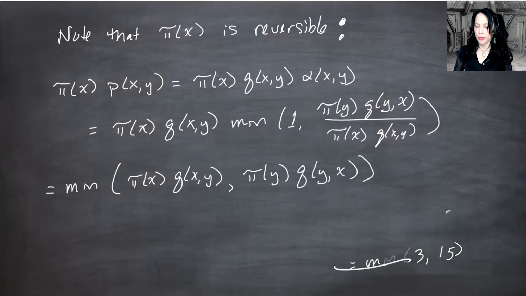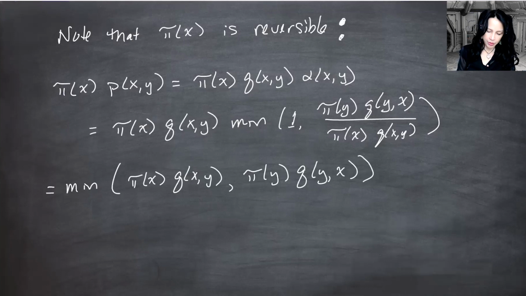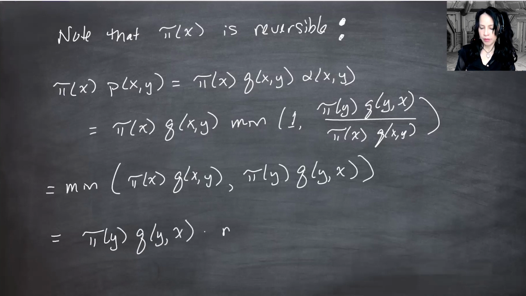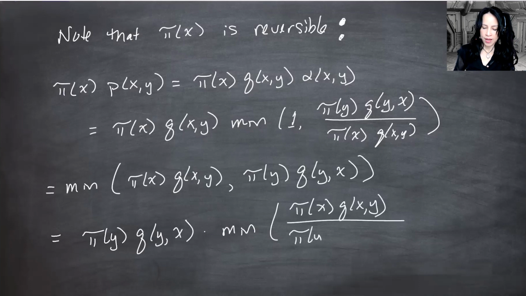And now you just pull out the other one. So I'm going to pull out pi of y q y x, and that's going to leave me with a minimum of pi x q x y over pi y q y x, and 1.